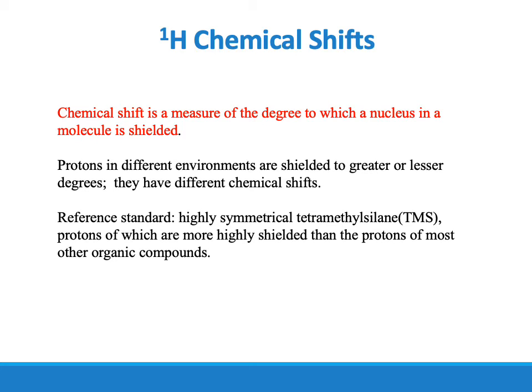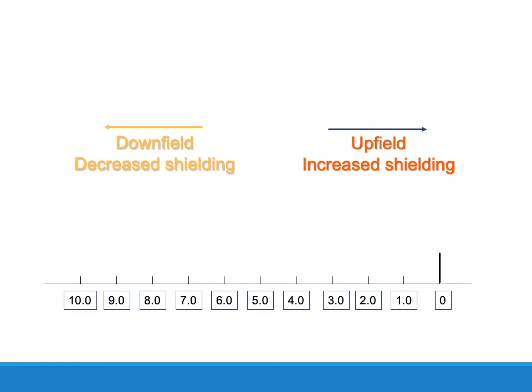The reference standard is the highly symmetrical tetramethylsilane, the protons of which are more highly shielded than the protons of most other organic compounds. So you see the upfield and downfield: increasing shielding in upfield and decreasing shielding in downfield.